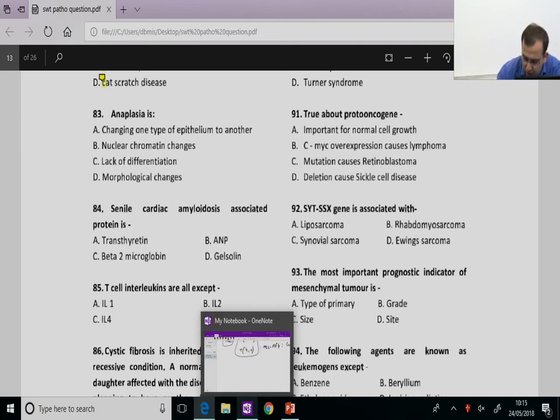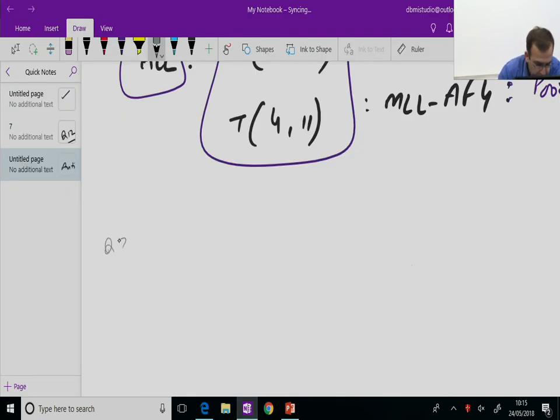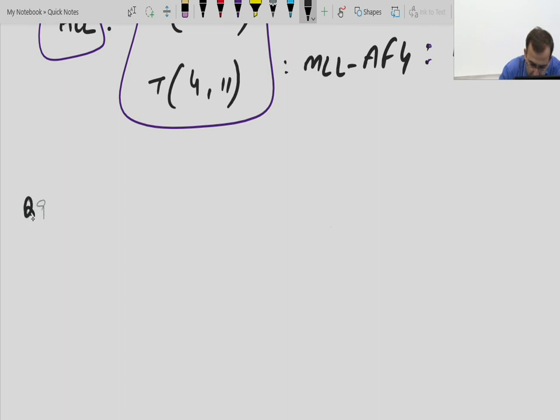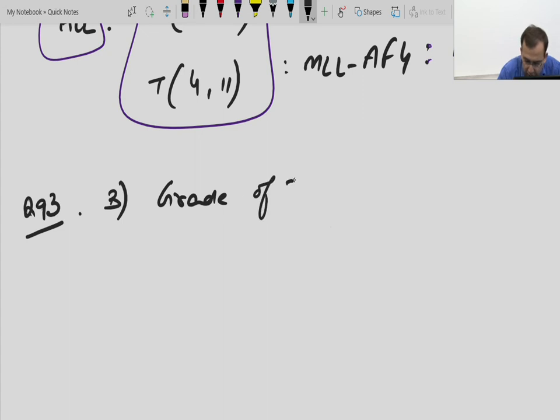That is obvious. Question 93, the answer is B, the grade of the tumor. This is the most significant prognostic marker in mesenchymal tumors.